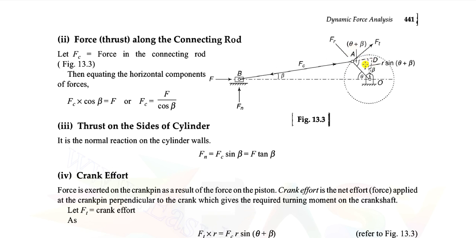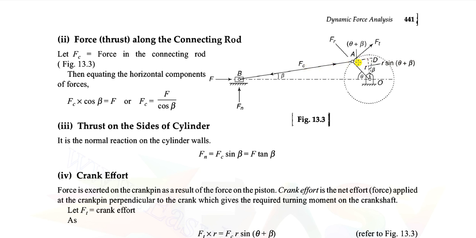See, if I draw a horizontal line here, forget about this dashed line, leave it. When I send you the notes, you can understand. Along this dashed line, the force is Fc.